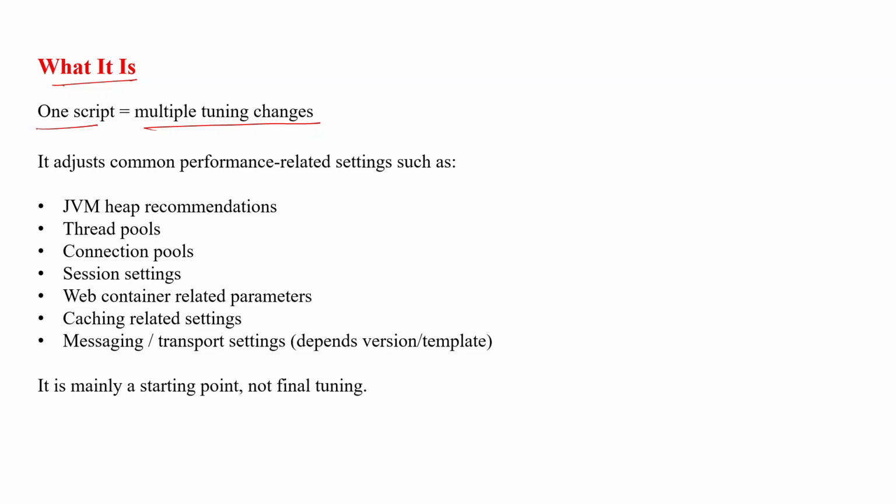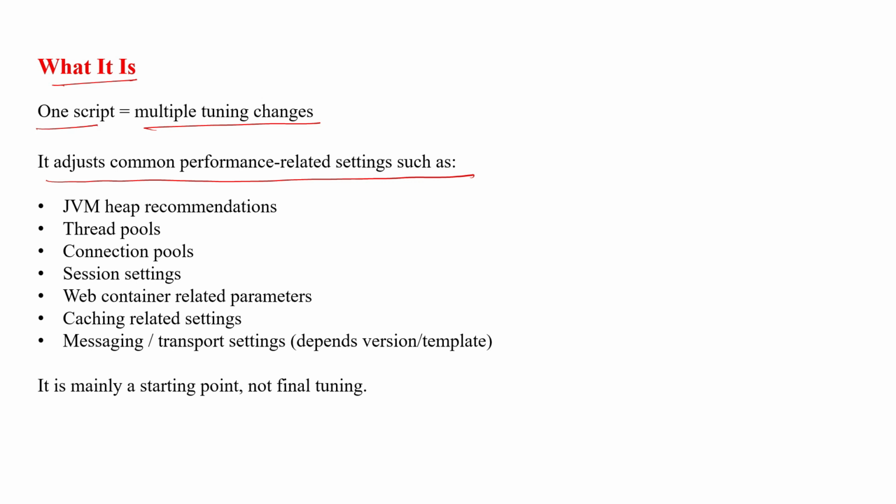With the help of one script, when you execute it, it sets multiple tuning parameters for your WebSphere. It adjusts common performance related settings. We have discussed so far that when we talk about performance tuning, there are certain critical subsystems where we focus more, because they participate almost 90% in terms of performance tuning and troubleshooting.